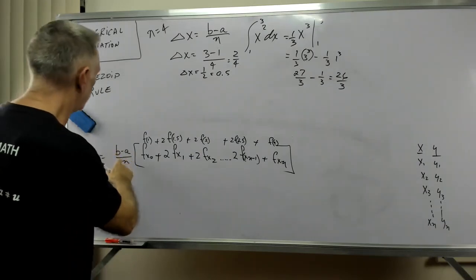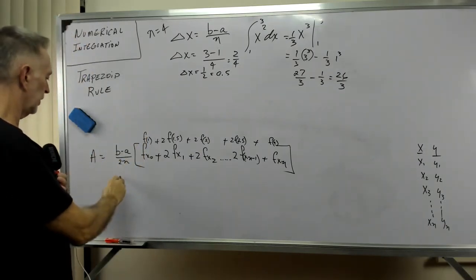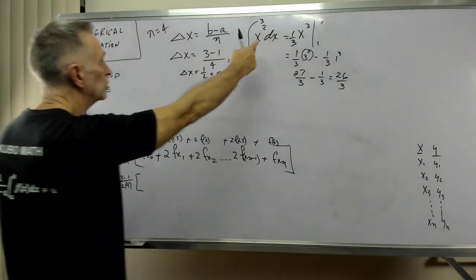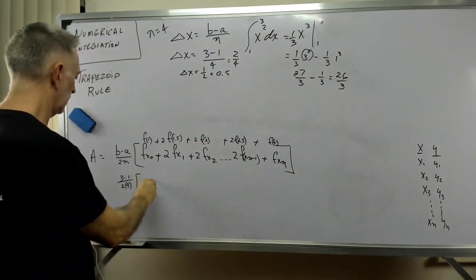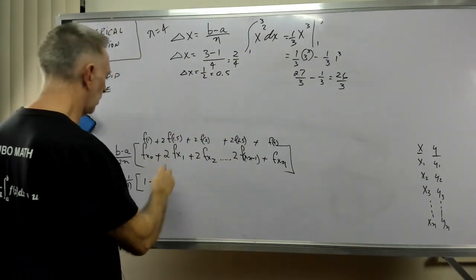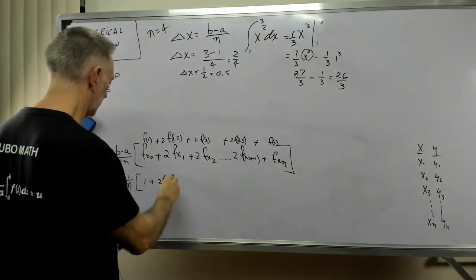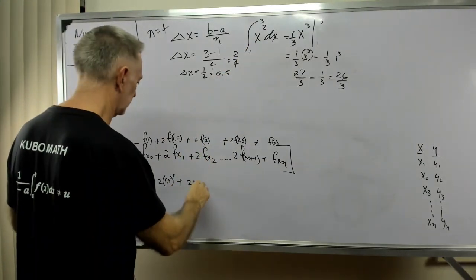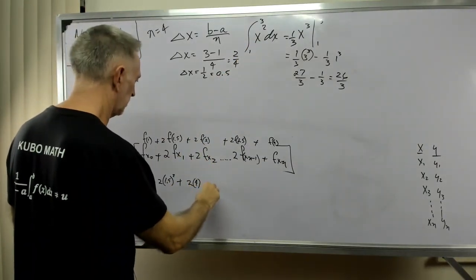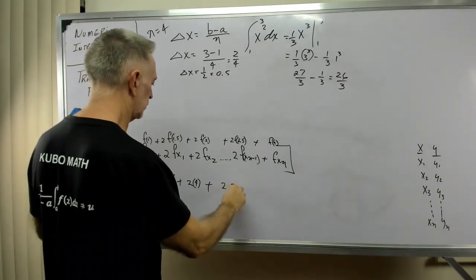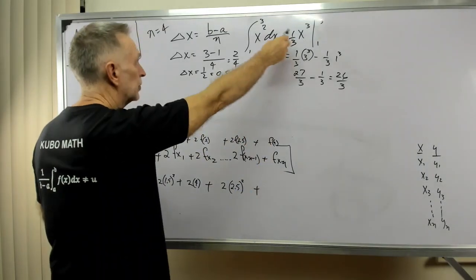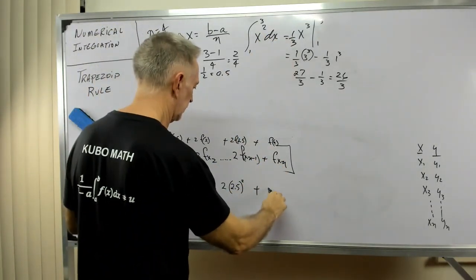So I have b minus a over 2n, so 3 minus 1 over 2 times 4, times f of 1, so 1 squared is 1, plus 2 times 1.5 squared, plus 2 times 2 squared, which is 4, plus 2 times 2.5 squared, plus f of 3, 3 squared is 9.